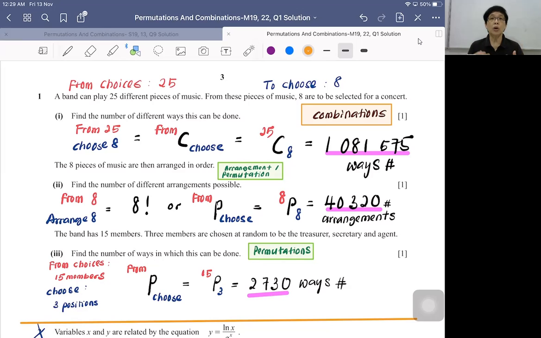And you are asked to work out from these 5 choices how many ways of arranging 3 at one time. So for that scenario, we will choose permutation, where in your calculator, you will see the key nPr.